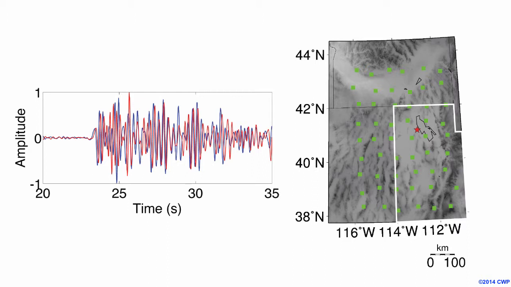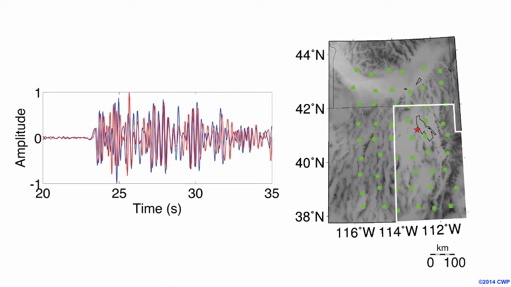We used active time-lapse experiments to monitor these weak changes within the subsurface, with the data shown there with a series of multiples that were recorded in our sets of sources and receivers.